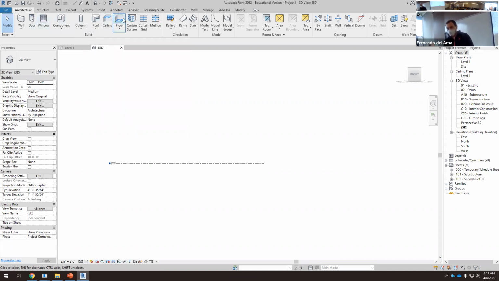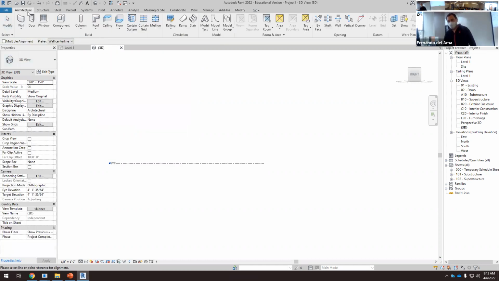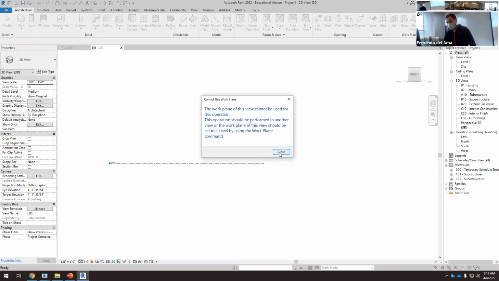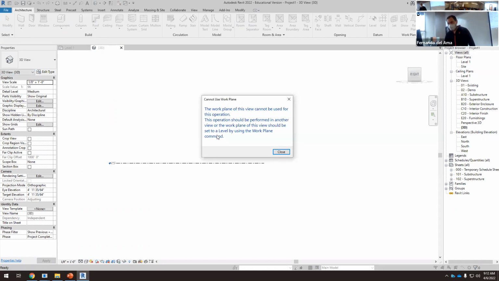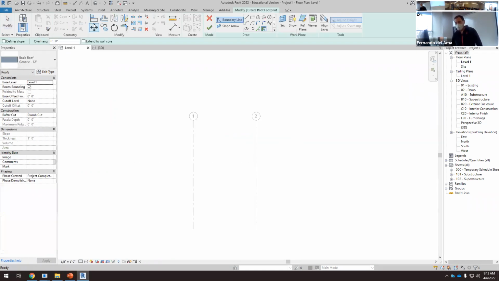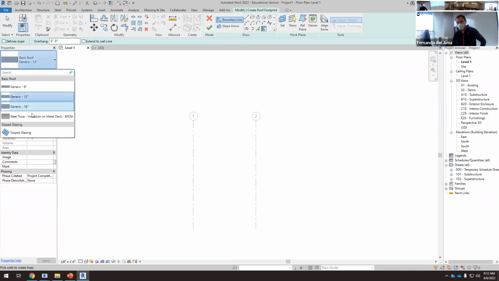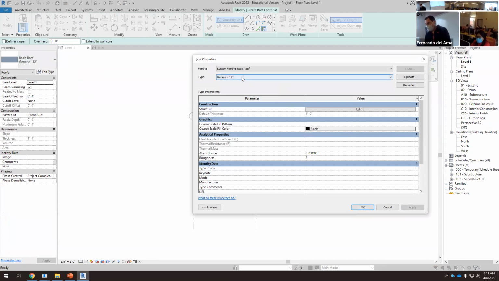So I am going to work with architecture roof, but I'm going to use roof by extrusion. Well, before that, I'm going to create a roof, something very thin. I want to create a roof, work plane. I'm going to edit type, and I'm going to duplicate.